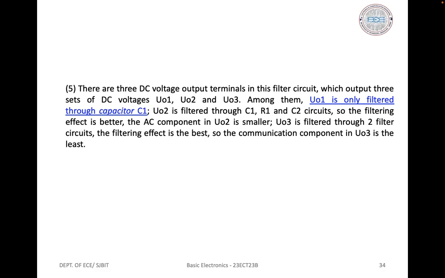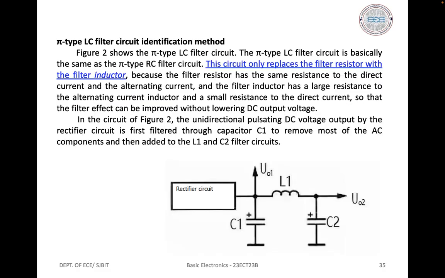U02 is filtered through C1, R1, and C2 circuits, so the filtering effect is better and the AC component is smaller. U03 is filtered through two filter circuits, so the filtering effect is the best and the AC component is the least.